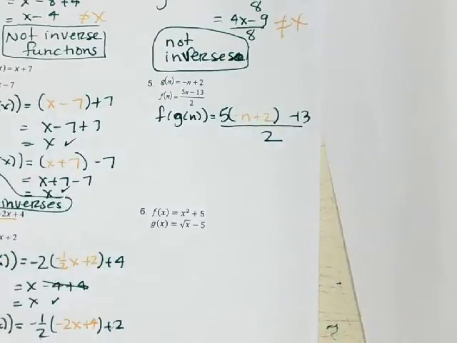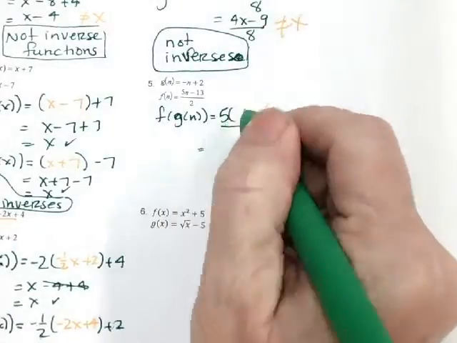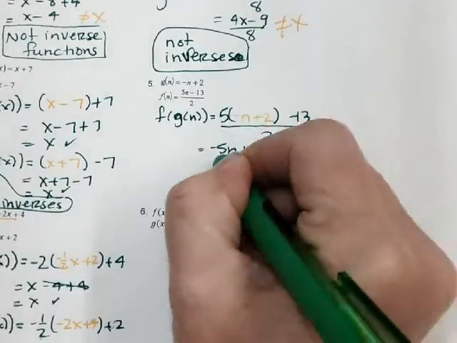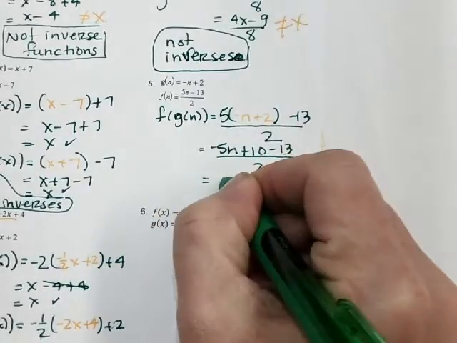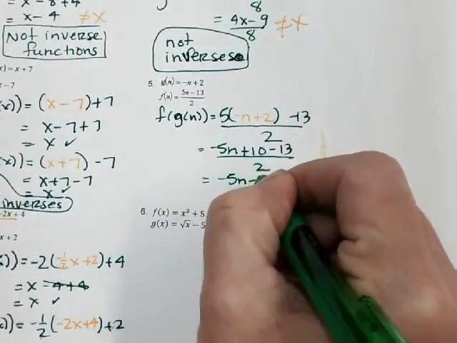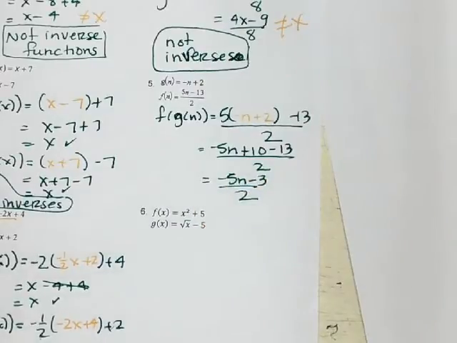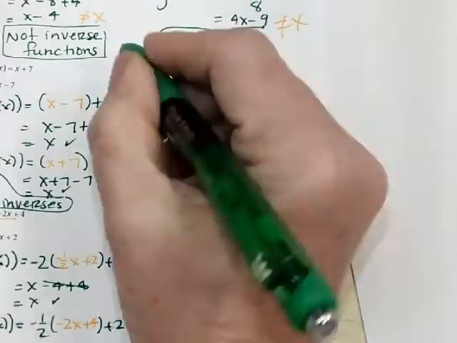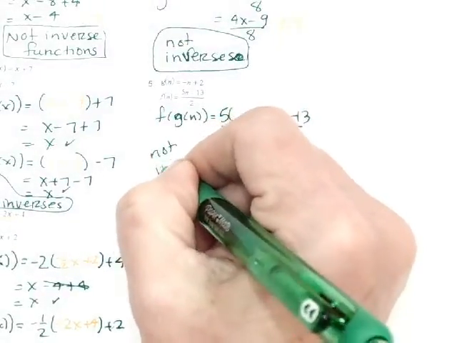So I distribute the 5, so I have negative 5n plus 10 minus 13 over 2. And so that's negative 5n minus 3 over 2, which there's nothing I can do to that to give me x, so not inverses.